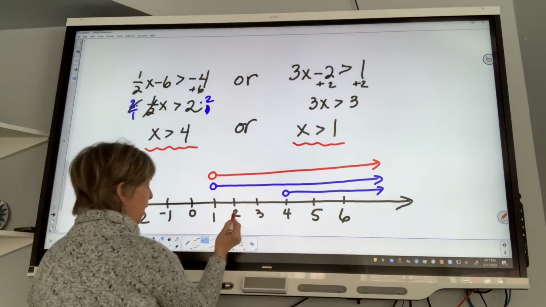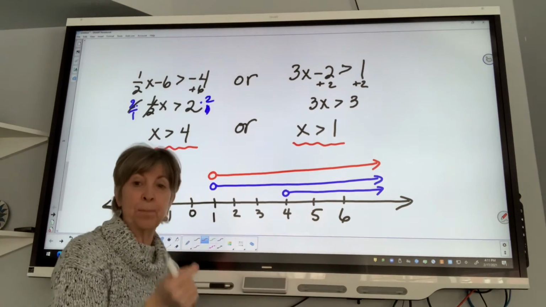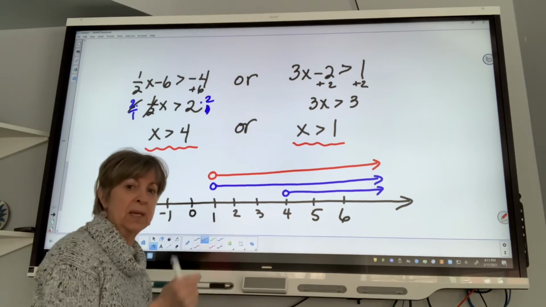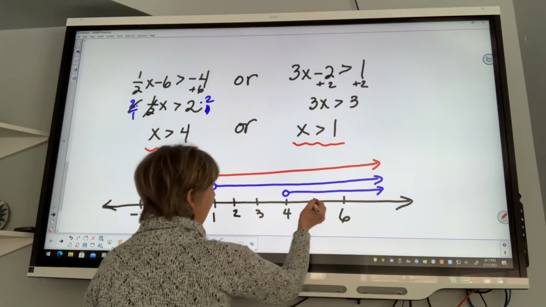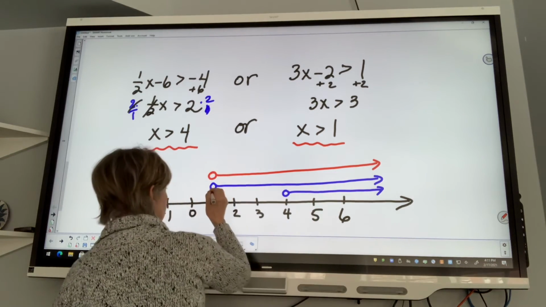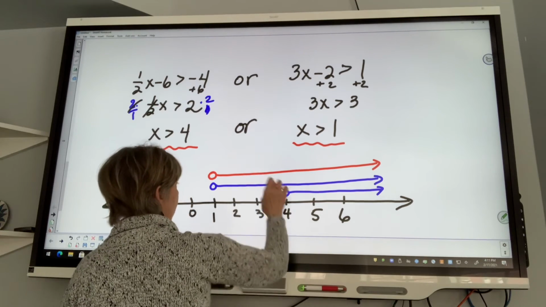So any number here, 2. 2 is in this set. It's not in that bit, but it doesn't have to be in both. It has to be in either one. It can be in both, but it doesn't have to be. 5 is in both. So any number from here down would be in my final answer.